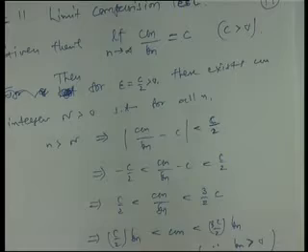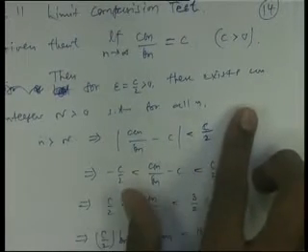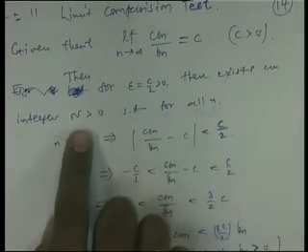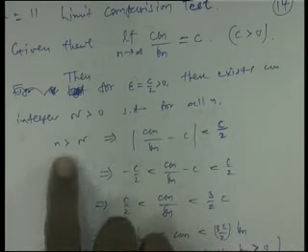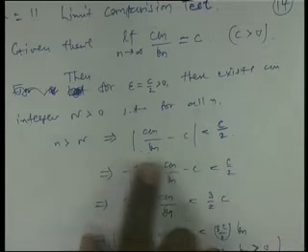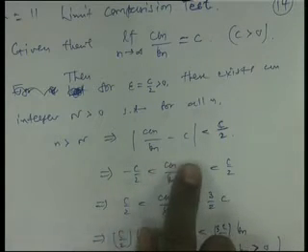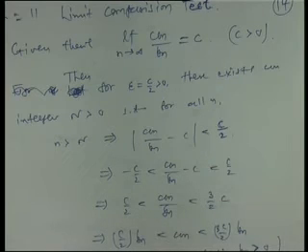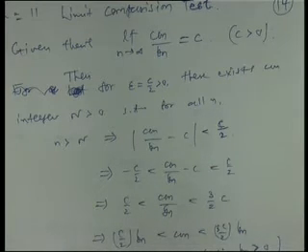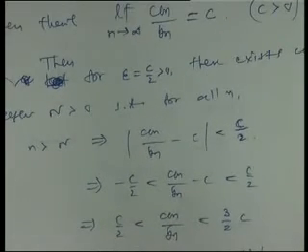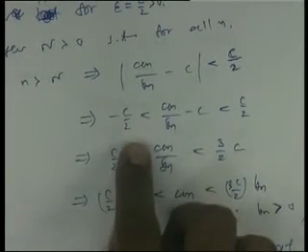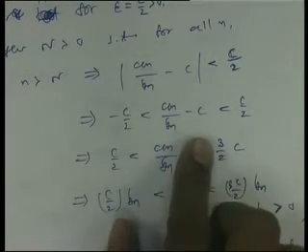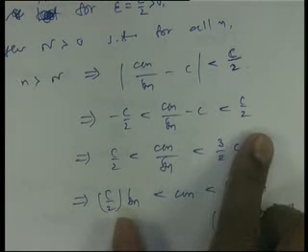For this epsilon, there exists an integer N greater than 0 such that for all n greater than N, mod a n by b n minus c is less than c by 2. So this inequality can be written as minus c by 2 less than a n by b n minus c less than c by 2.